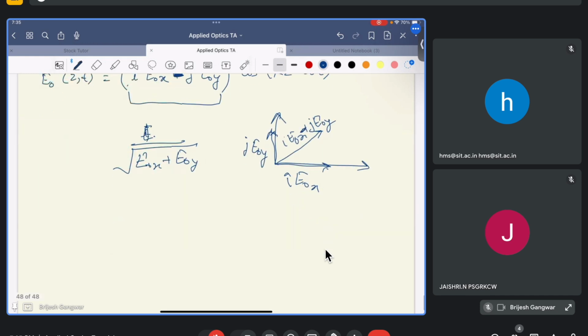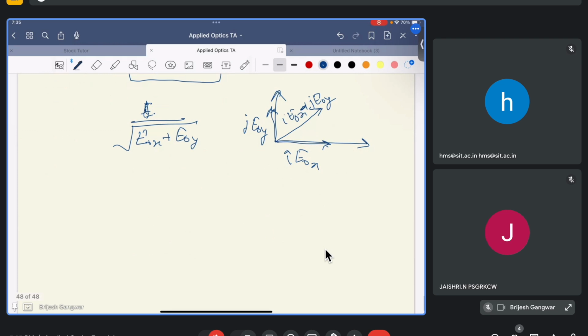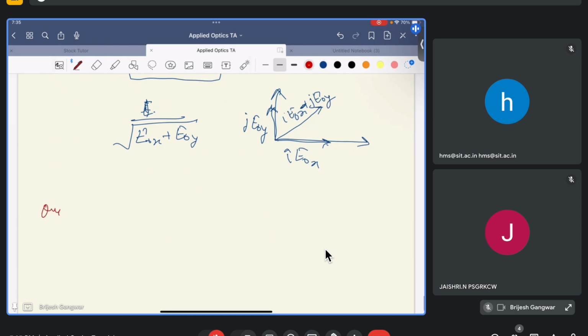Yeah. So now can I ask one question to you? The question is, one wave Ey is there, and one is Ex. The phase difference between these two is 2 pi. So what is the resulting wave given by this?